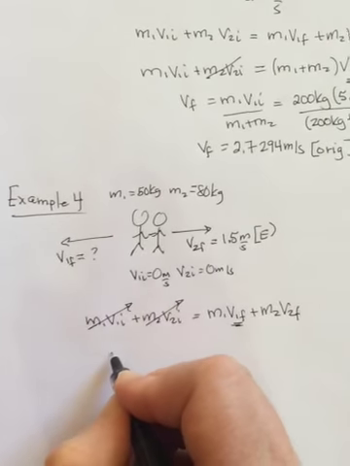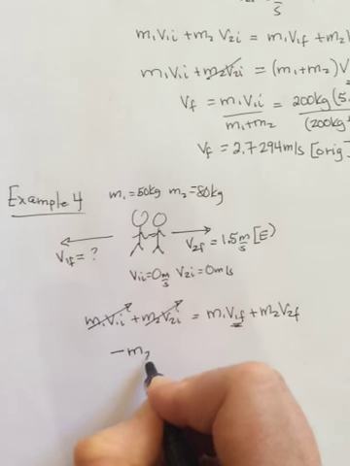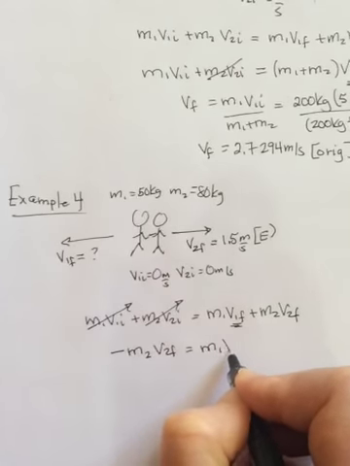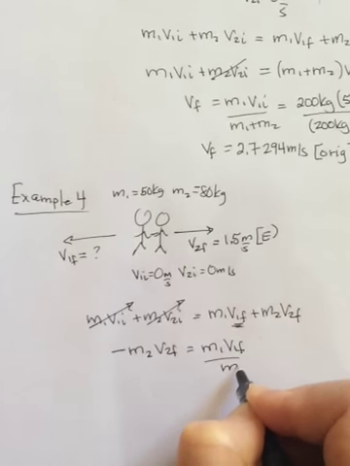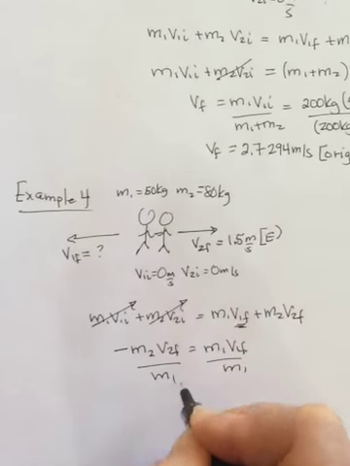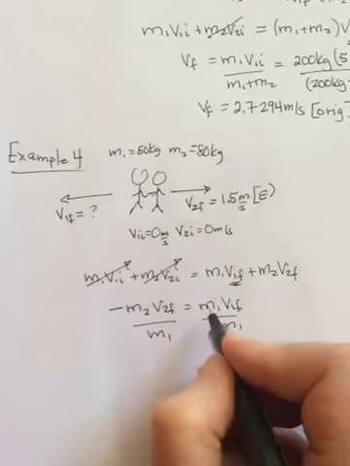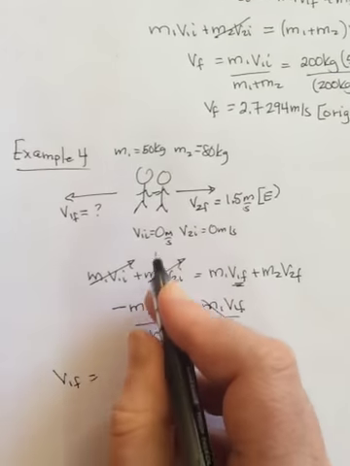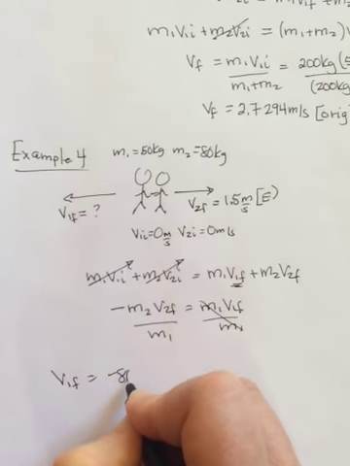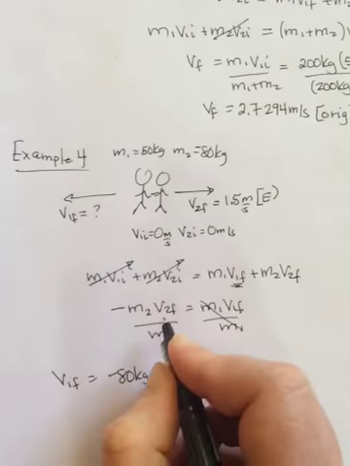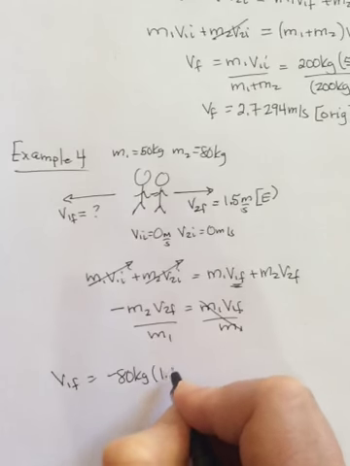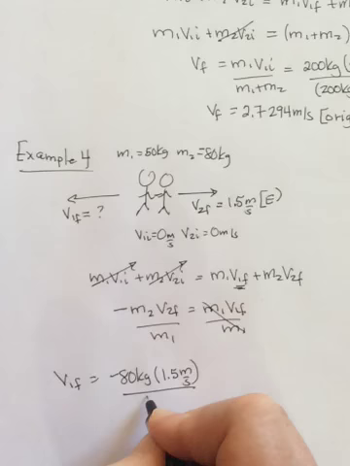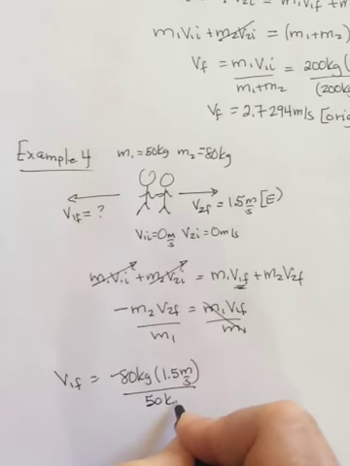So take your other term over. Negative M2V2F will equal M1V1F. Divide both sides by M1. And by now you know I always pull my unknown out here. So V1F will equal negative M2, negative 80 kilograms, times V2F, 1.5 meters per second, divided by M1, 50 kilograms.